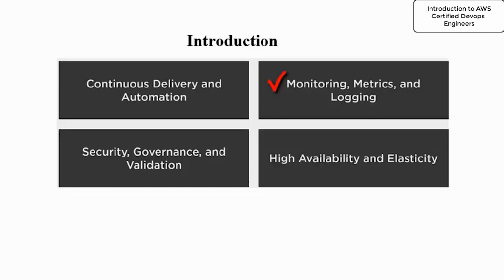Now the third block focuses on security, governance, as well as validation of the environment. The security is majorly concerned with IAM policies. Most of the things will be covered within IAM policies, and a few things related to bucket policies. So how we should restrict unauthorized access to our resources in AWS.